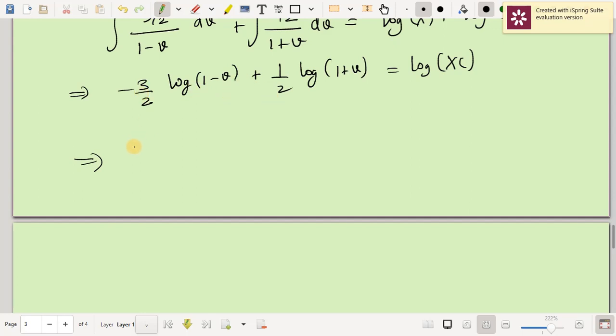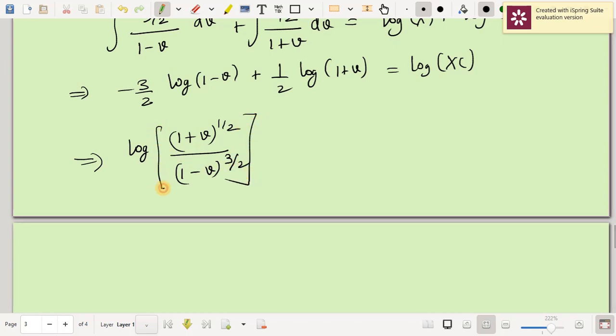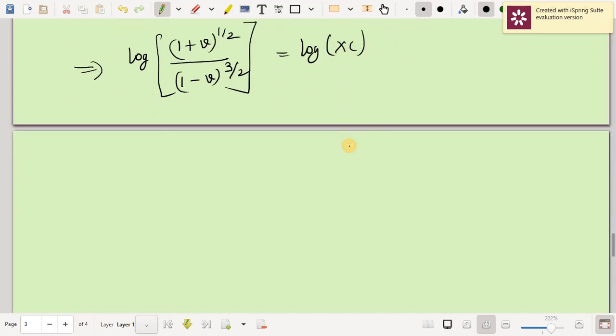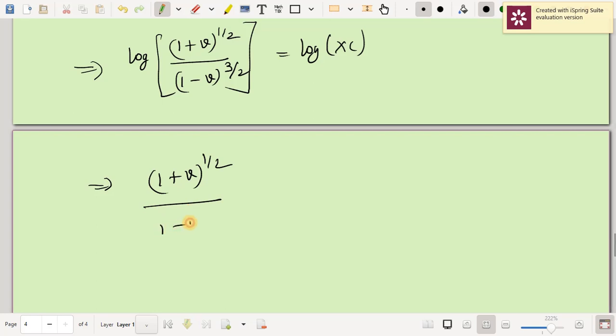So you will have log of 1 plus v the whole raised to half, upon 1 minus v the whole raised to 3 by 2, is equal to log of xc. After taking the inverse on both sides, you get 1 plus v the whole raised to half upon 1 minus v the whole raised to 3 by 2 is equal to simply xc.